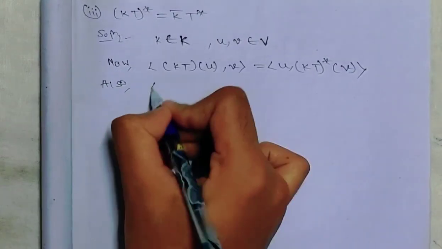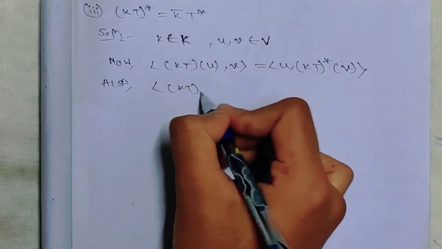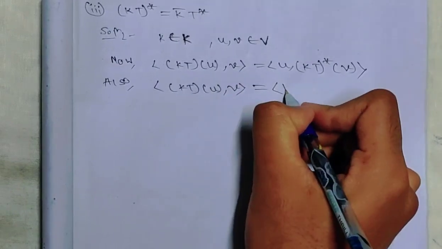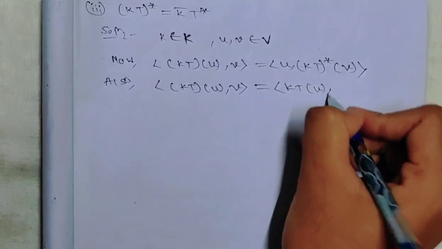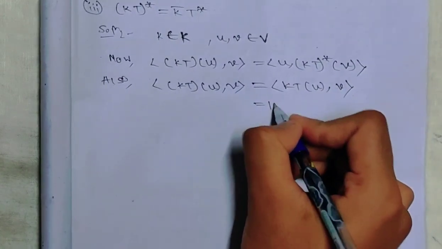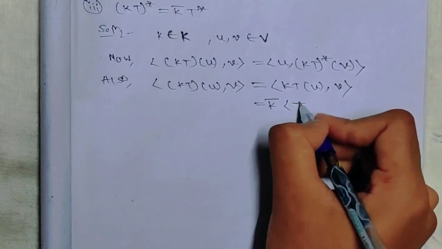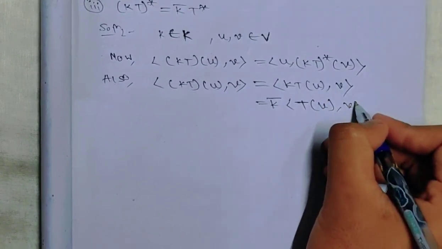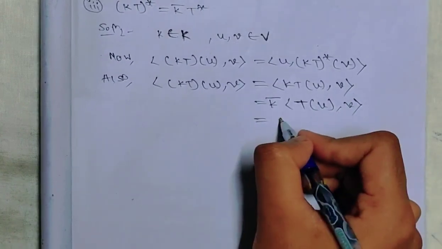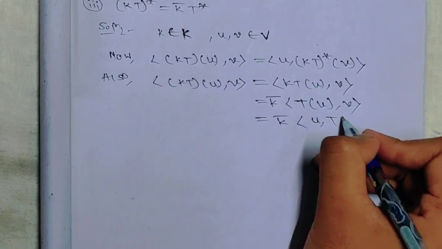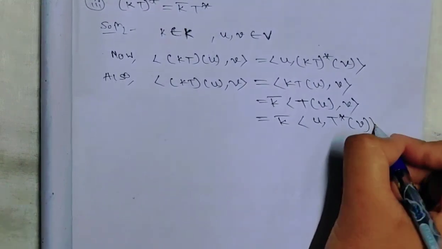Also inner product of kT of u comma v equals k bar into T of u comma v. This equals k bar into u comma T star v.